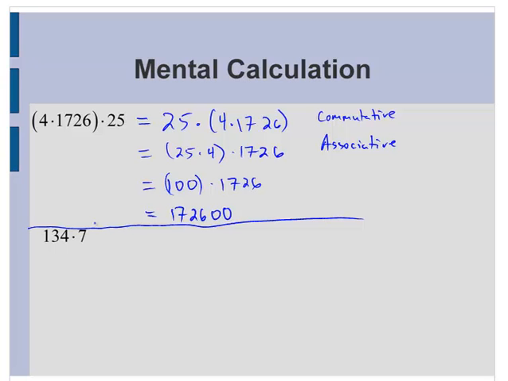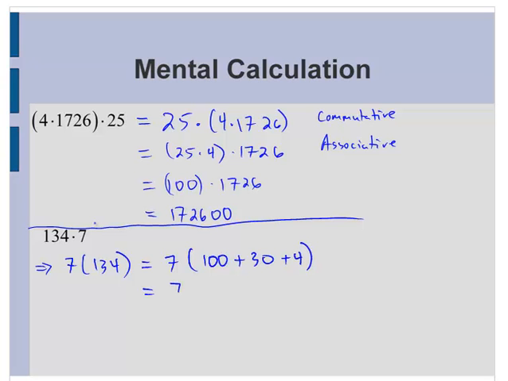134 times 7. Now this one's not as nice, but let me write it as 7 times 134. Now 134 really means 100 plus 30 plus 4.